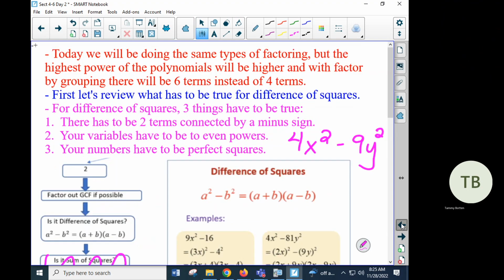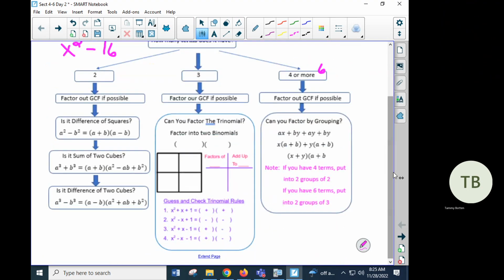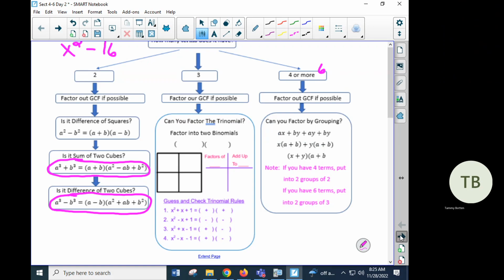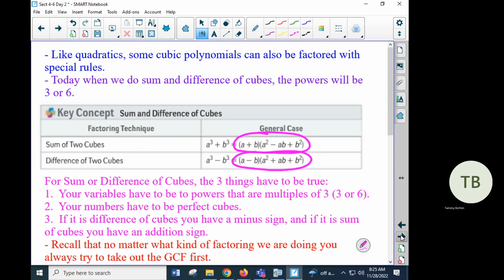And on your cheat sheet that you guys have, and again, if you were gone Friday or Wednesday, remind me because I have this for you. But with the sum or difference of cubes, the formula, if it's plus, is here. If it's minus, is here. So you don't have to memorize those. That would be on your cheat sheet.